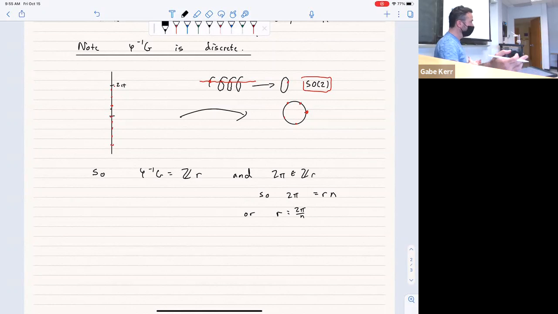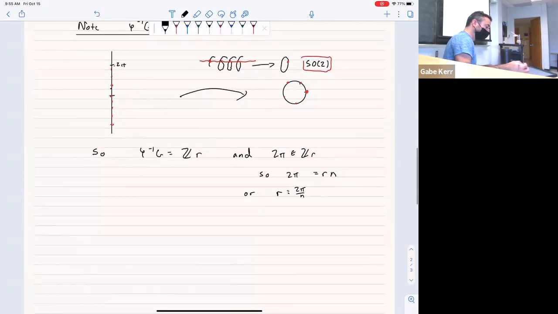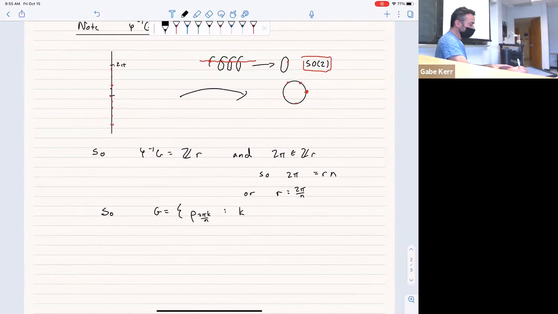So that means that everything in G itself is going to be rho sub some multiple of 2 pi over n. So it's going to be a rotation by an angle that is a multiple of 2 pi over n. So G, just write down what I just said, is rho of 2 pi k over n. Here we can restrict k, because once we get to n, we know it's the identity. So k can be at least 0 and less than n. This is isomorphic to C_n, the cyclic group of order n.